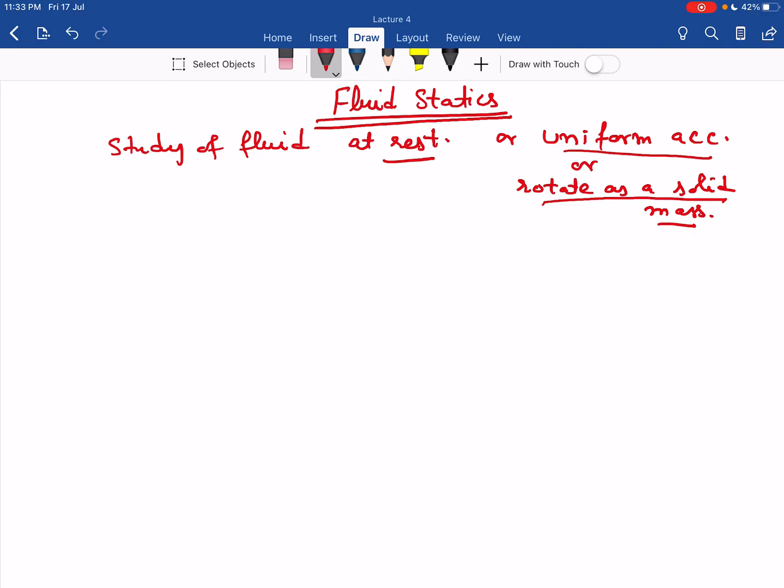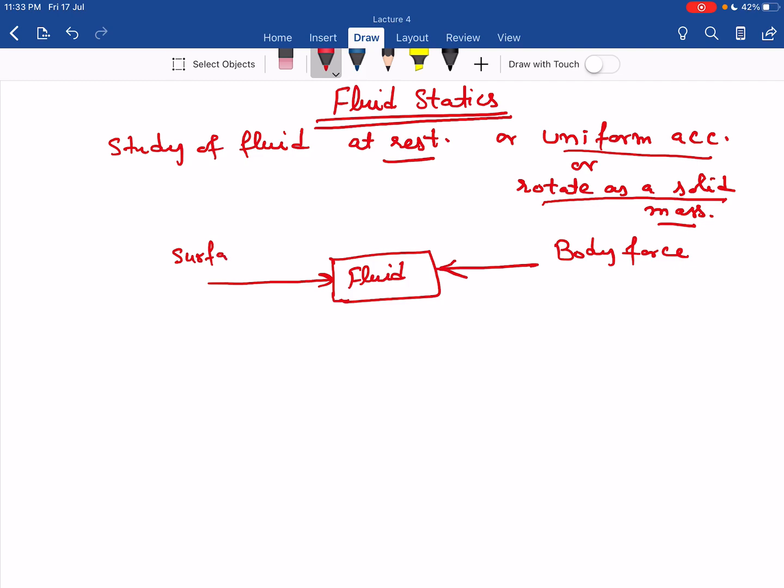Now if we talk about a fluid element, this fluid element experiences two types of forces. One we call the body force. The second one is the surface forces.